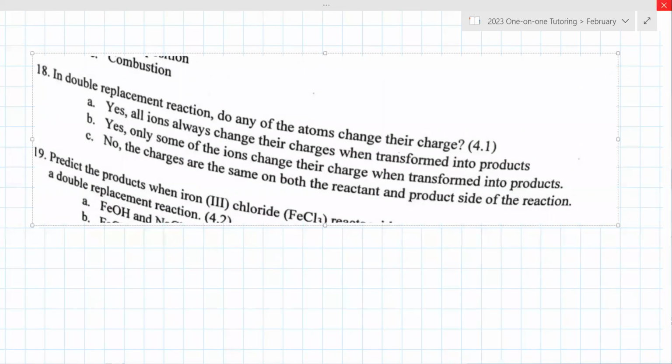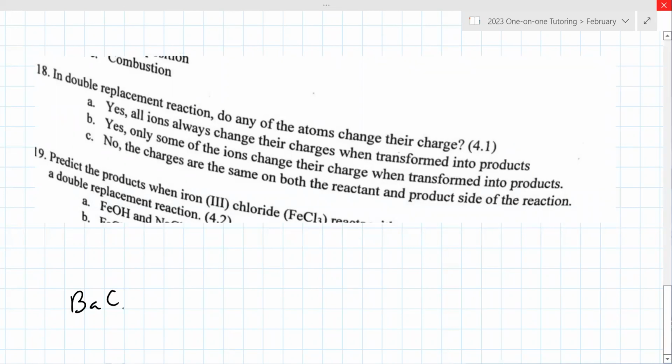Let me look at a classic double replacement example here. I don't know why the internet can't just give me one. That's okay. Here we go.